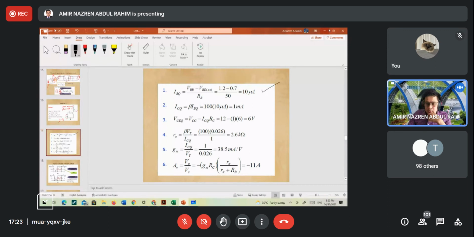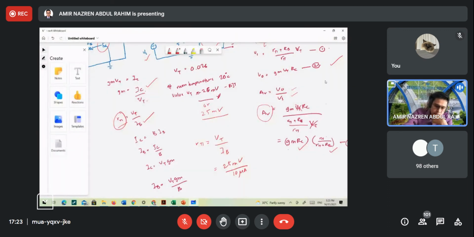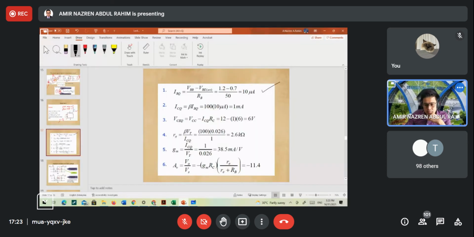Oh, R pi equals beta VT, sorry, beta VT over IB, beta VT over ICQ. So 100 is beta, 0.026 is our VT, and divided by ICQ, we got ICQ equal to 1 milli. So 100 times 0.026 over 1 milli, we got 2.6k ohm for the R pi.